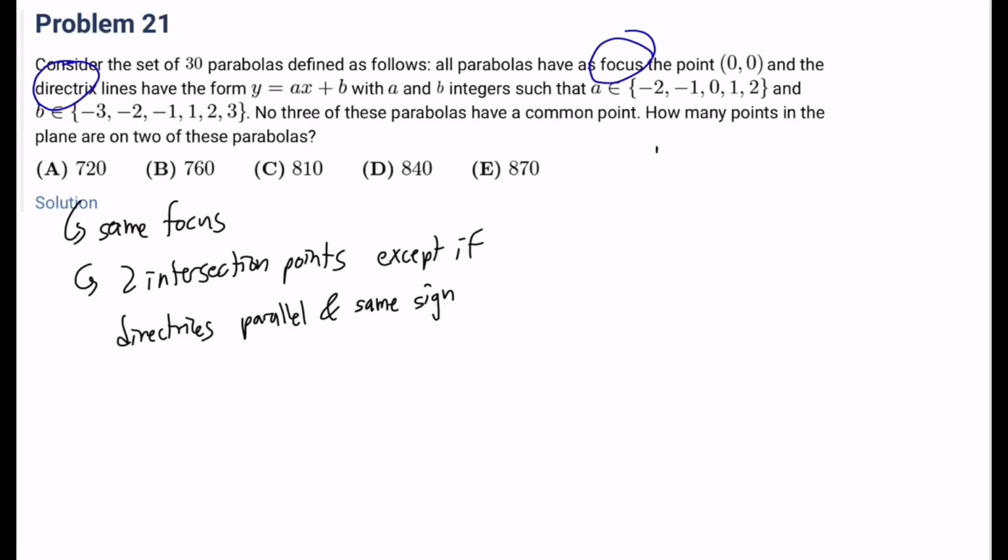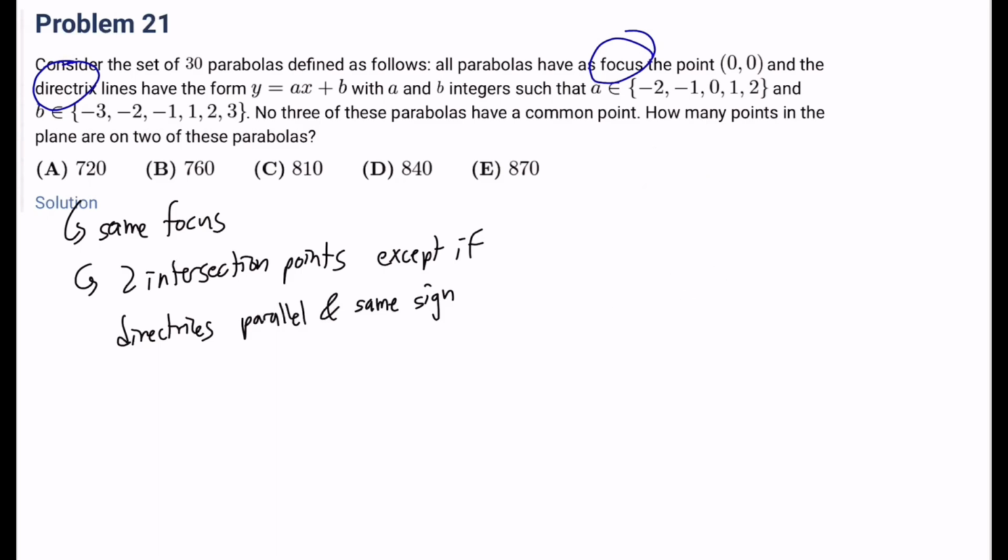Graphically, if we have a coordinate plane and one parabola like that, then whatever the directrices ax plus b are, if the directrix line is not parallel to this or of the same sign, then it's always going to intersect at two points. That's because this has to be the focus.